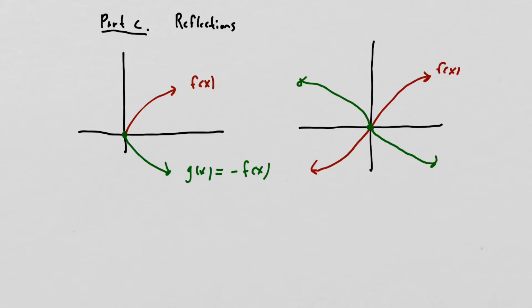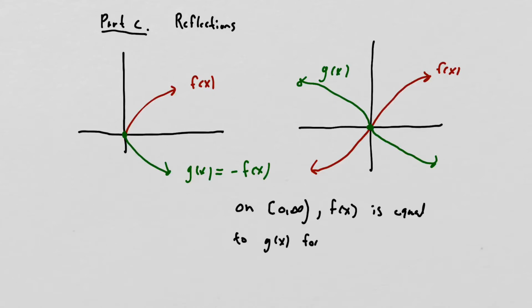Algebraically, let's notice the following. On the domain from 0 to infinity, we have that f of x is going to be equal to g of x for all x in the domain of g of x from negative infinity to 0.